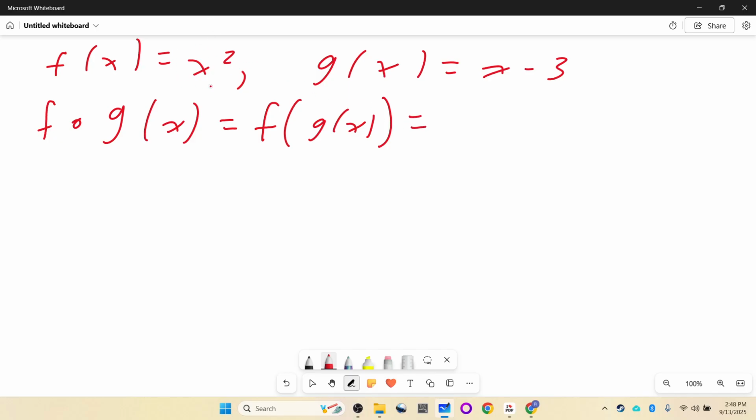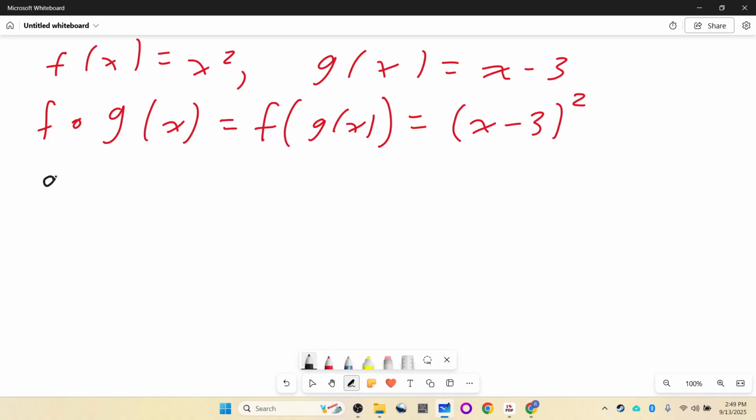The f function is x squared, and we are plugging the g function into the f function. So wherever I see an x, I put in parentheses x minus 3. This becomes (x minus 3) squared. And you can expand that if you want to. I don't really need you to for this.